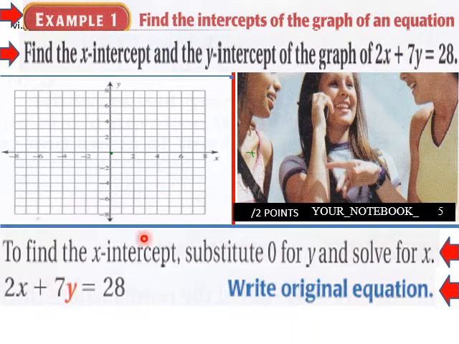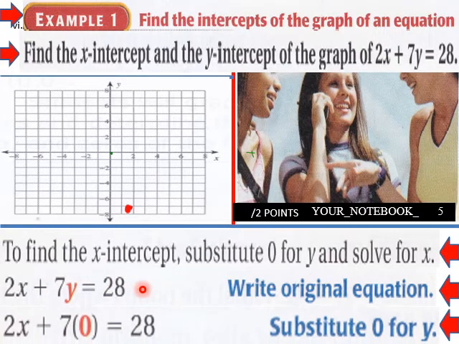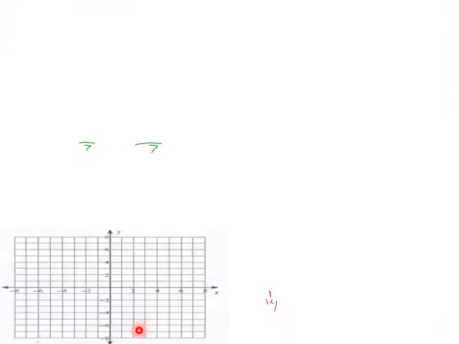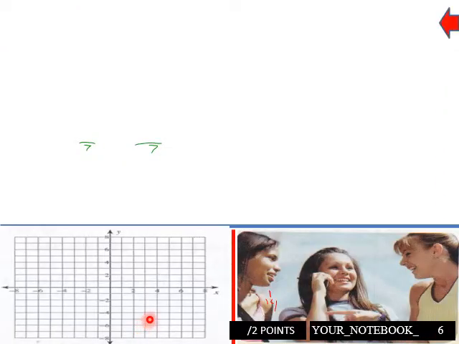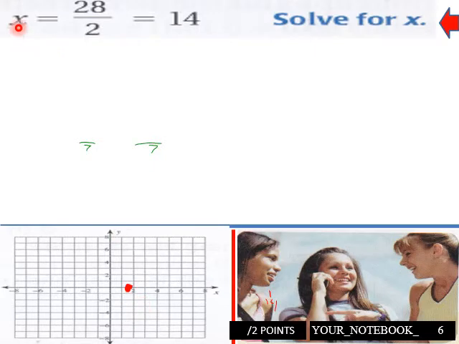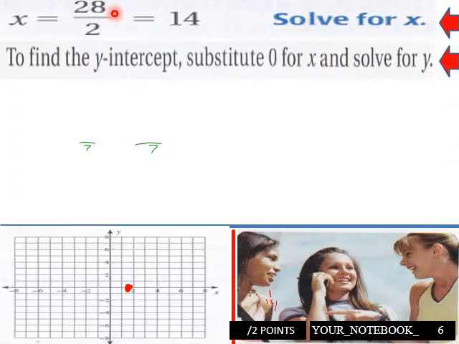So we have 2x plus 7y equals 28, 2x plus nothing equals 28. We solve for x: x equals 28 over 2, which equals 14.